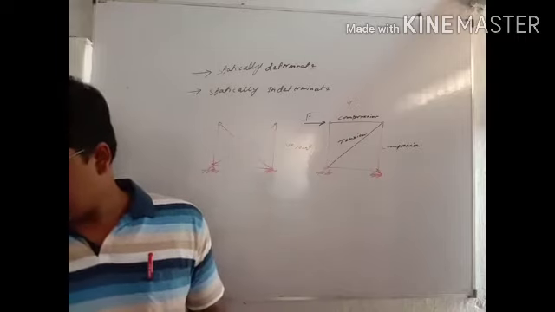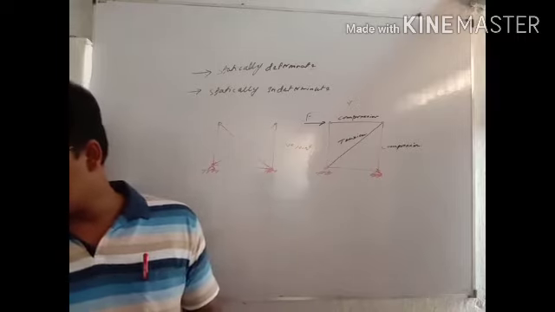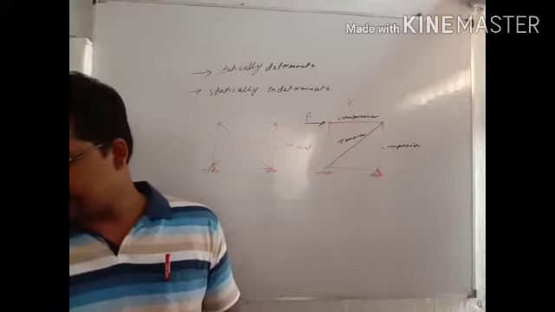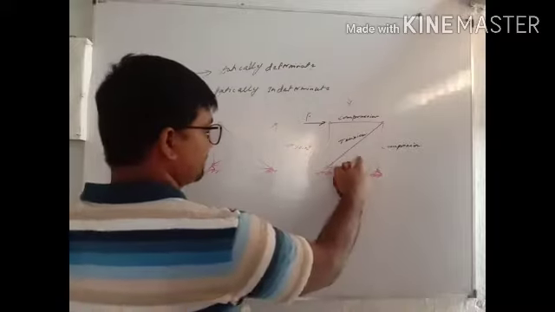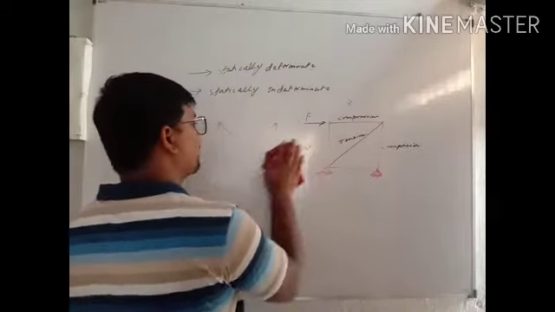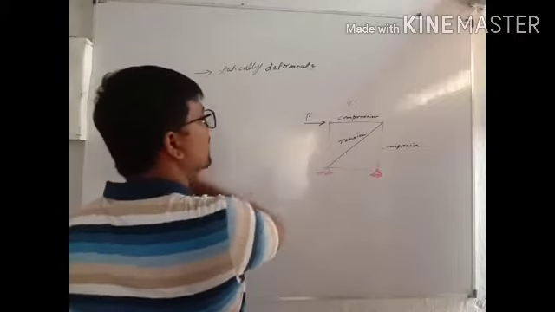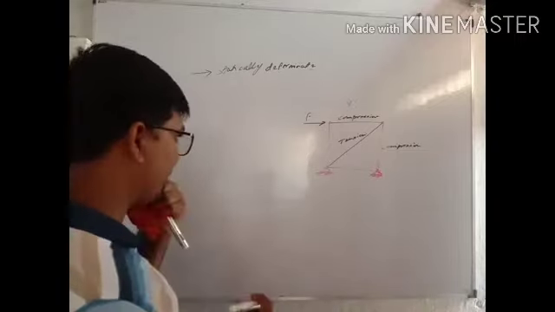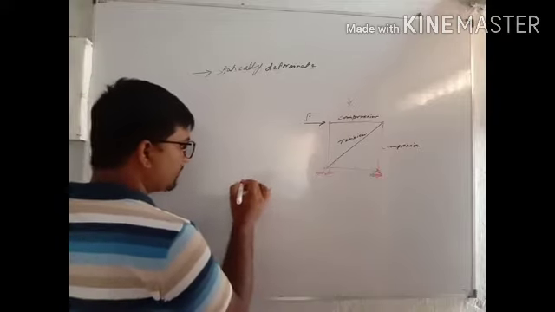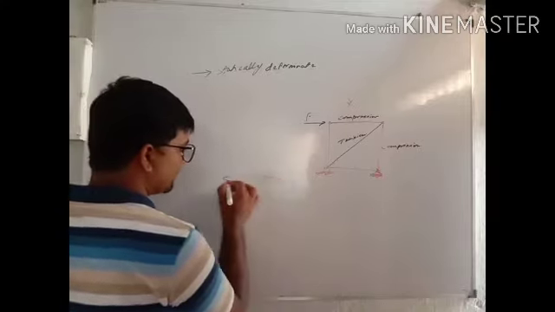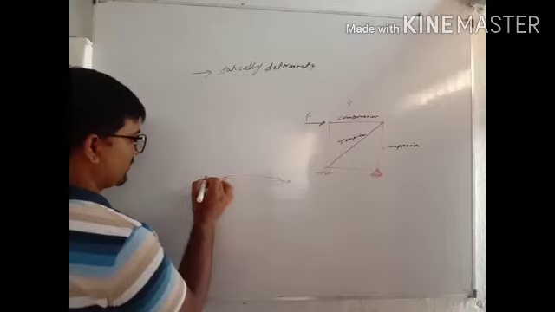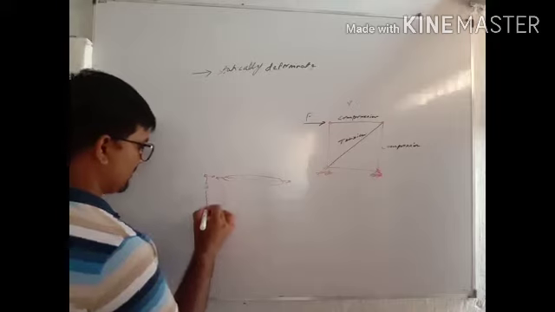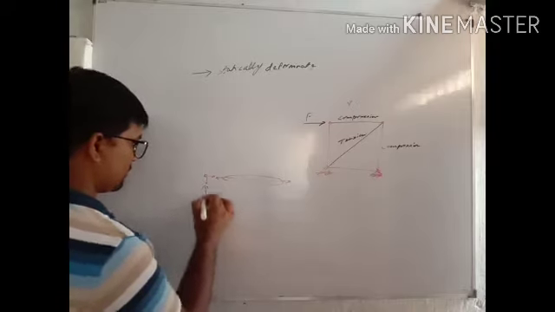So how to determine statically determinate or indeterminate? First I'll go for a free body diagram for the analysis of this. If you go for the free body diagram, it is member-wise. This is one member, you will get force here. So here also you will get force this way, and next is this member.